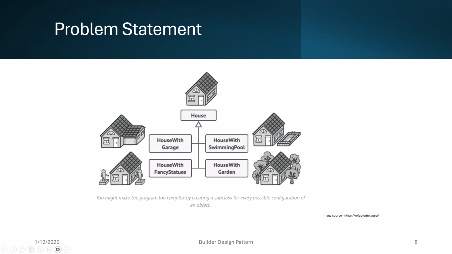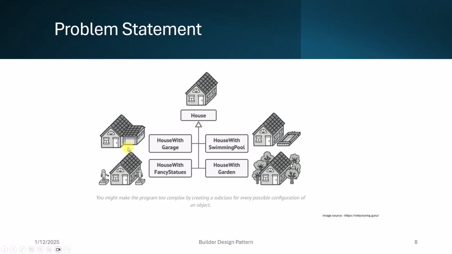How does it create another problem? Because we are using only one constructor, and for every house building, not all the parameters are required. So it will be like creating a constructor with unused parameters, and that will be pretty ugly.